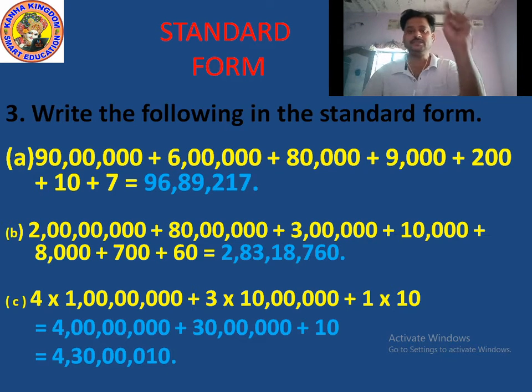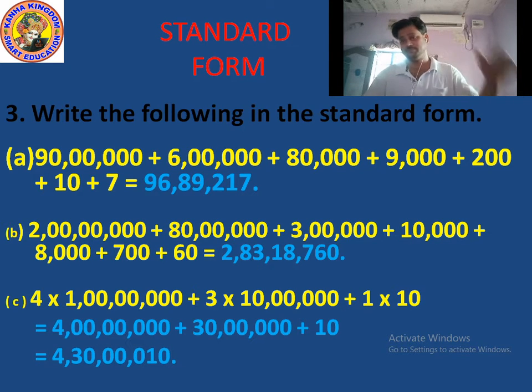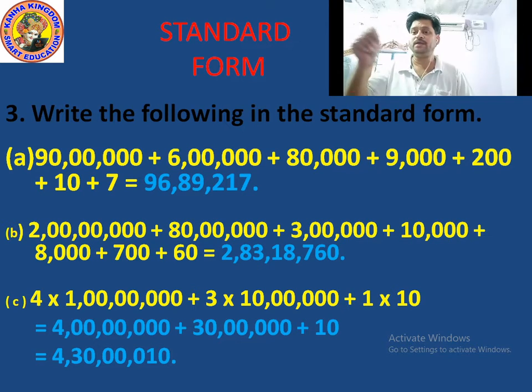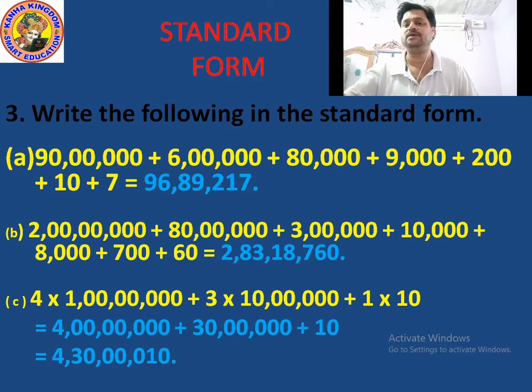So 96 comma 89 comma, now 200 plus 10 plus 7 equals 217. How? See, 200 plus 10 equals 210, plus 7 is 217.